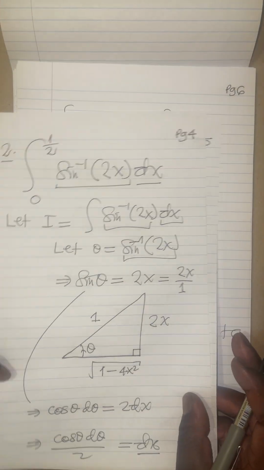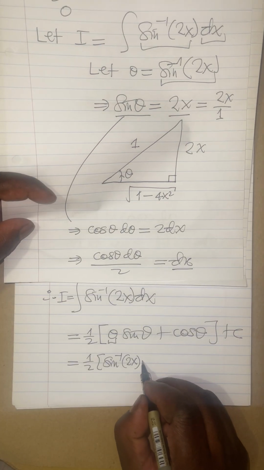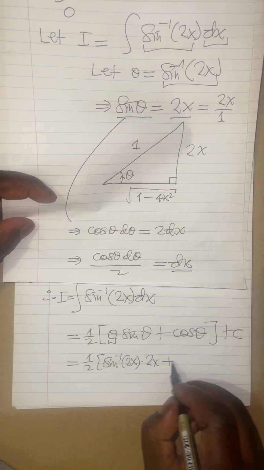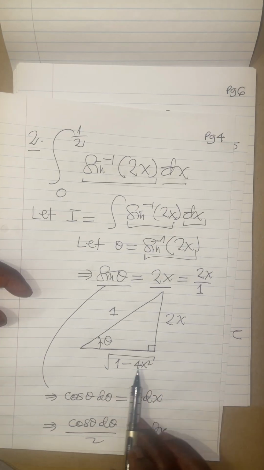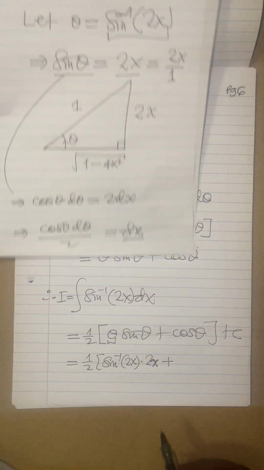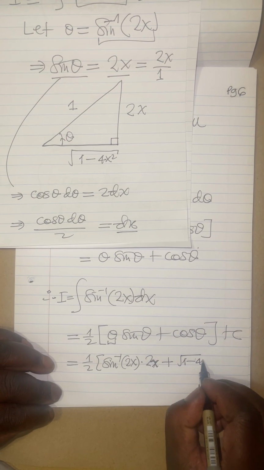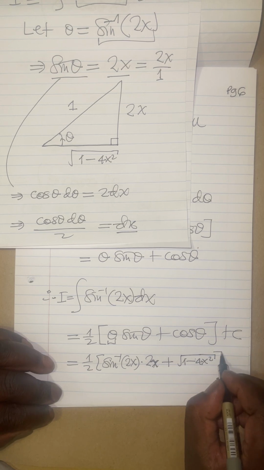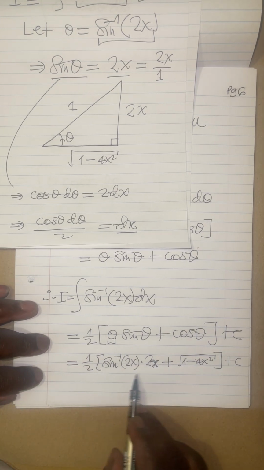Well, we can see it from here. Sine theta is actually 2x. So that will be times 2x. And then plus, what is cos theta? Well, coming back here, cosine is adjacent over hypotenuse. So it will be this over that, which is basically this one. So that will be square root of 1 minus 4x squared, and then plus c.